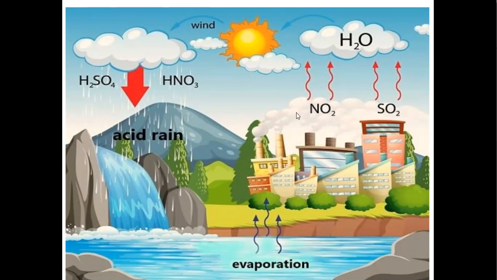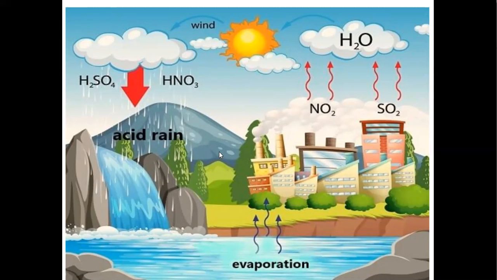These primary air pollutants, oxides of nitrogen, oxides of sulfur, and oxides of carbon, react with atmospheric water vapor and form several acids like sulfuric acid, nitric acid, and carbonic acid. And these acids mix with rainwater and form acid rain.